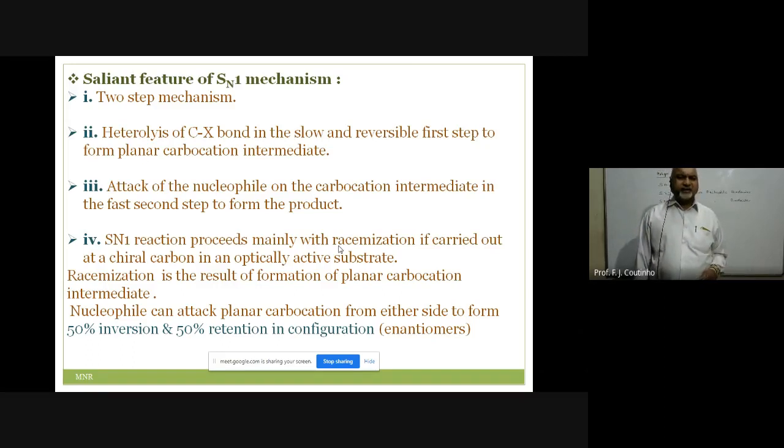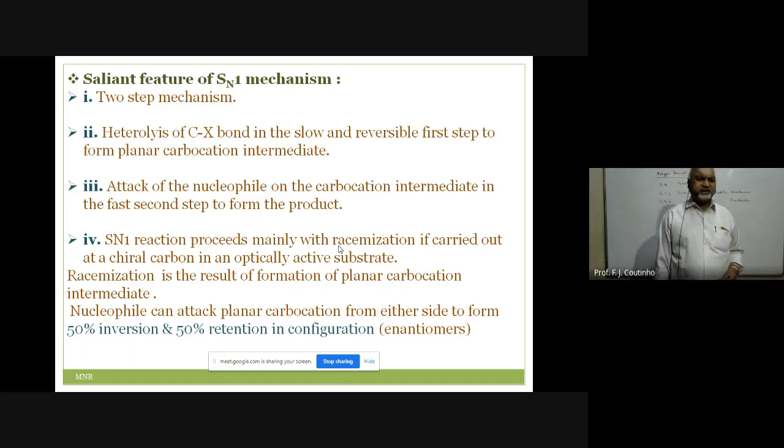Now, SN1 reaction proceeds mainly with racemization if carried out at a chiral carbon in an optically active substrate. What do you mean by racemization? Last time we explained, equimolar quantities means 50% inversion, 50% retention. This is at a chiral carbon atom in an optically active substance.